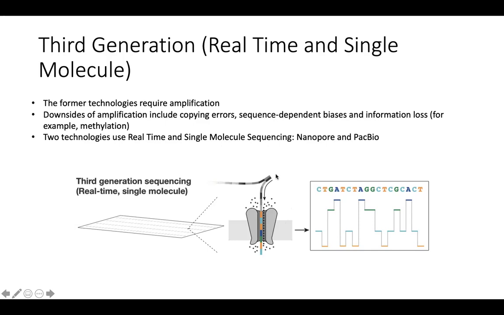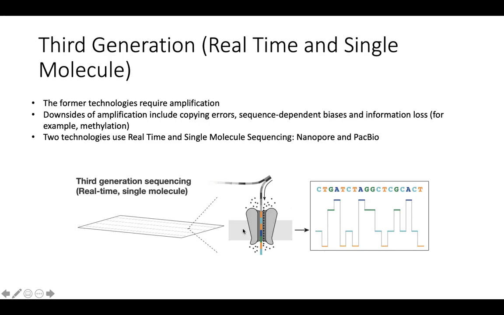Now, the way that this type of technology allows us to read modification in the nucleotide identity is because, for a cytosine, for instance, if this cytosine is methylated, the change in the signal is going to be one. If the cytosine is not methylated, the change in the signal is going to be different.